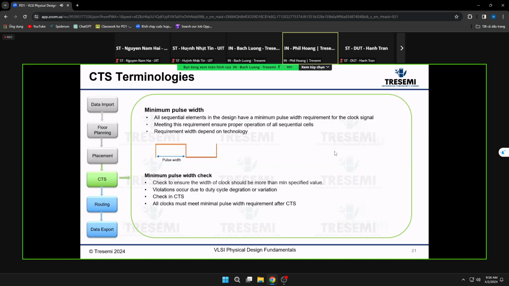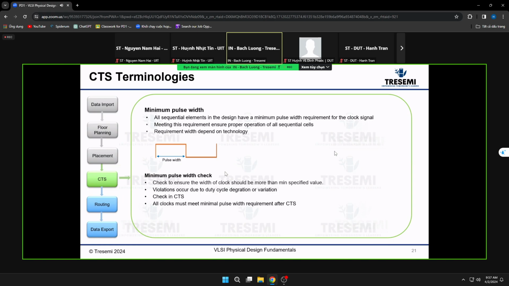When one path, say rising to falling, needs less time than falling to rising, then you intentionally skew one edge. But that is rare and not done in the normal flow. It's only in custom circuits, and I've seen it implemented in some weird cases. Yeah, that's more in the custom stuff.